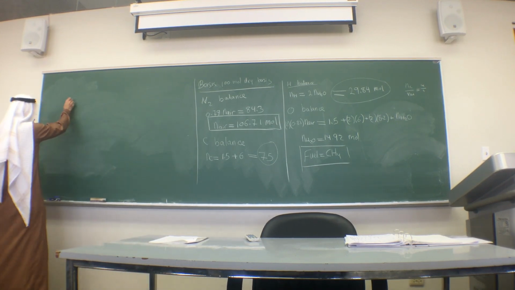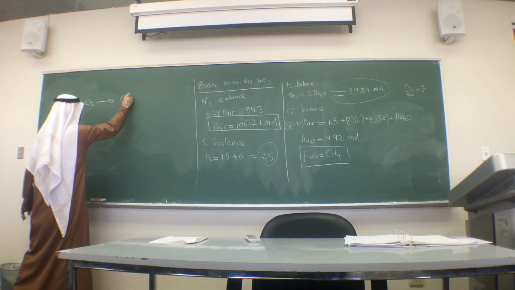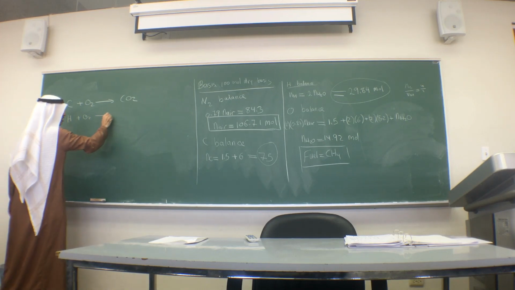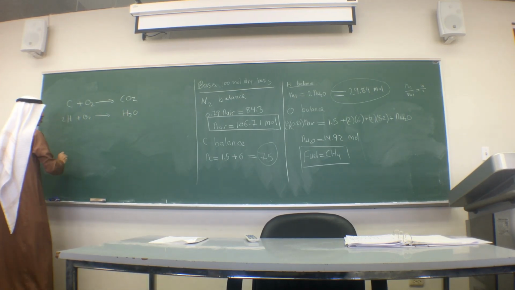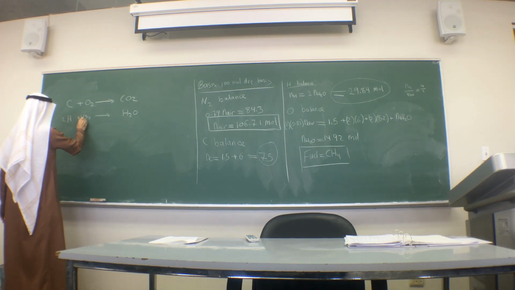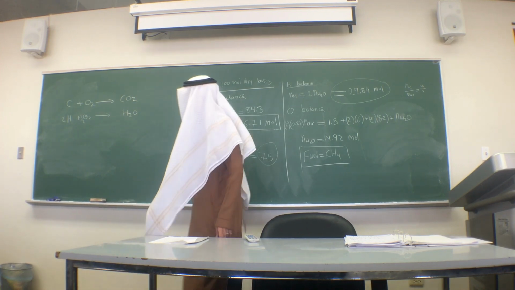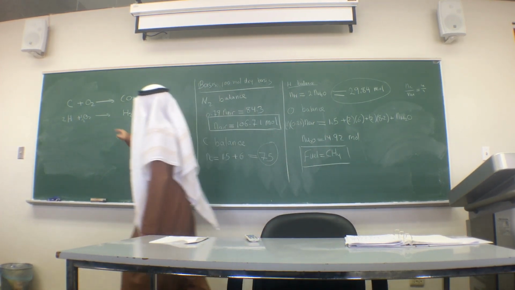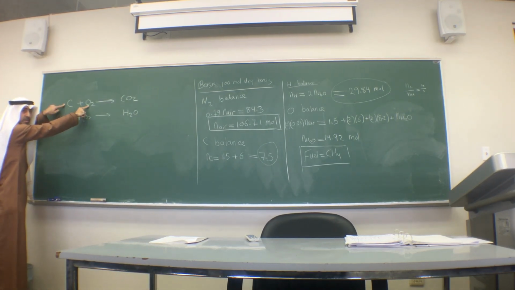So I have C plus O2 gives me CO2, and I have H plus O2 will give me H2O. Now from this equation, 1 mole needs 1 mole.